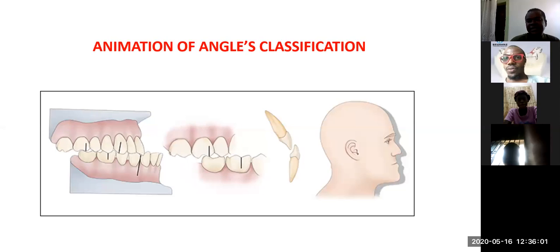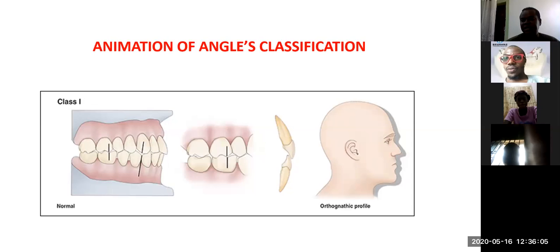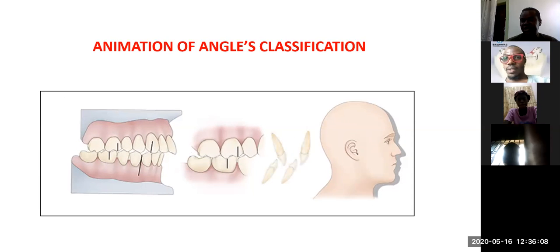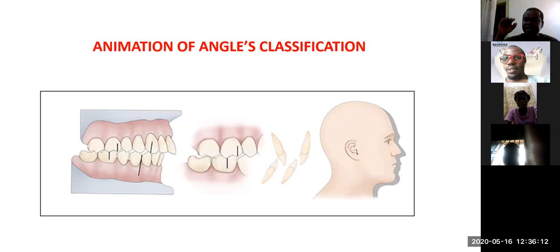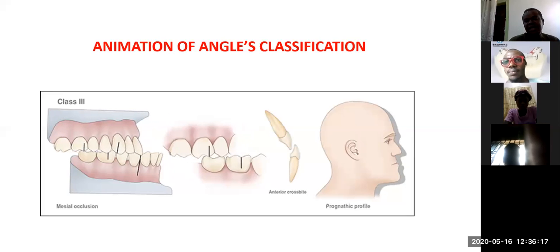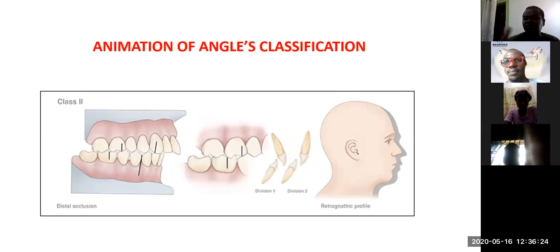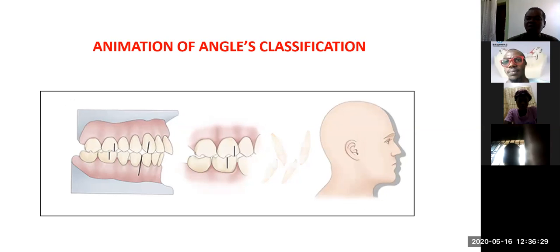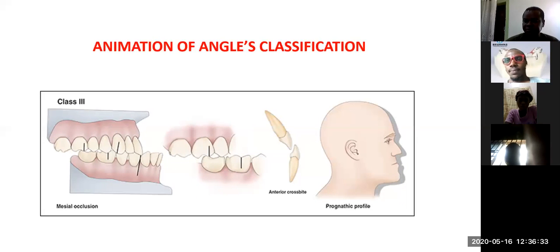Then look at the class 3. The anterior of the lower is coming out far more than that of the upper. It's not a normal jaw relationship. This is the class 2: the anterior of the upper is projecting more. The class 3: the anterior of the lower is projecting further. In a normal relationship, you see that the overjet and overbite are okay. So that is how Angle classifies malocclusion.